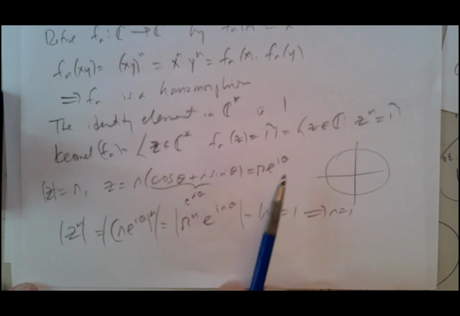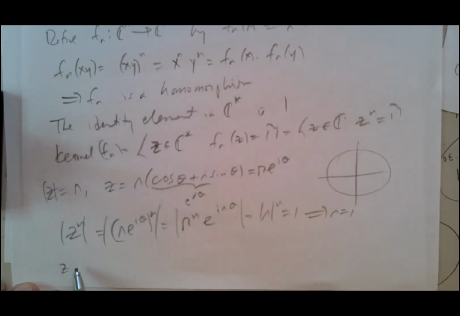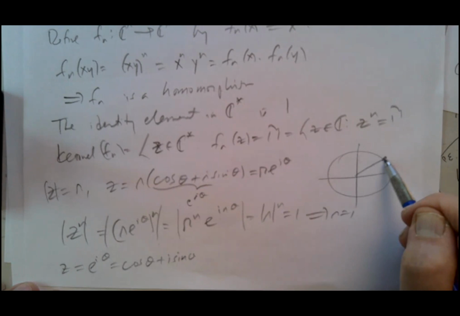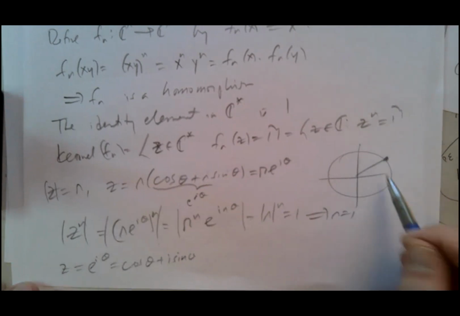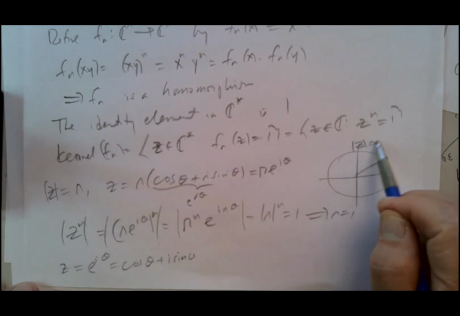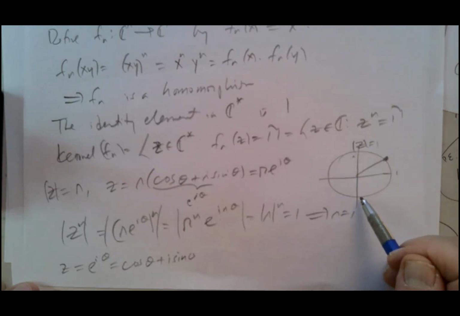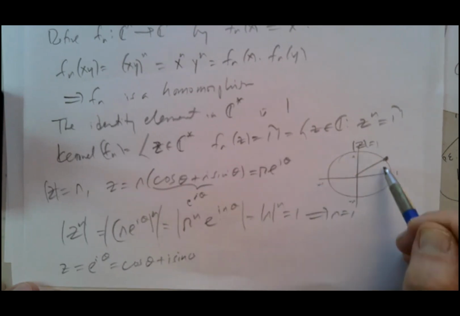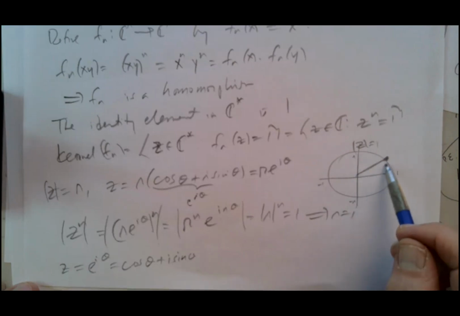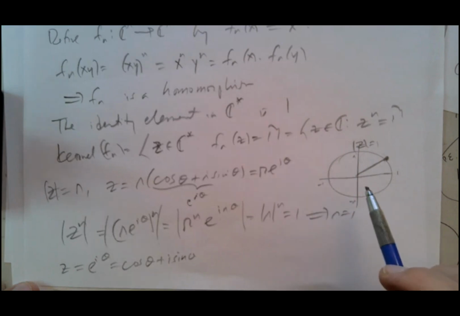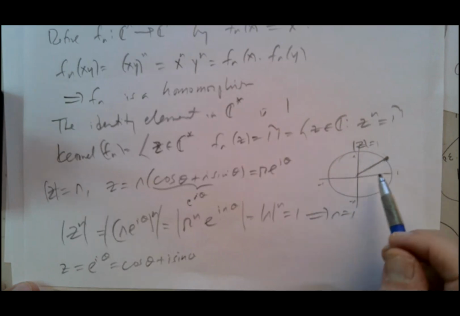So anything in the kernel is going to be of the form e to the i theta, which is cosine theta plus i sine theta. That just means it's some point on the unit circle. So this is the unit circle in the complex plane, all the numbers with absolute value 1. And we want to know for which numbers on this circle is z to the n equal to 1.